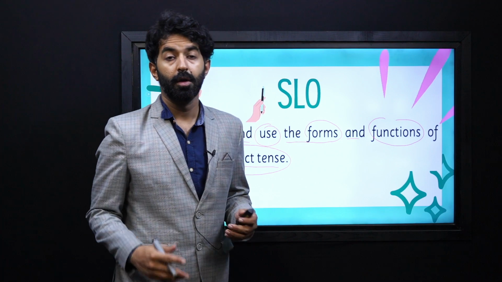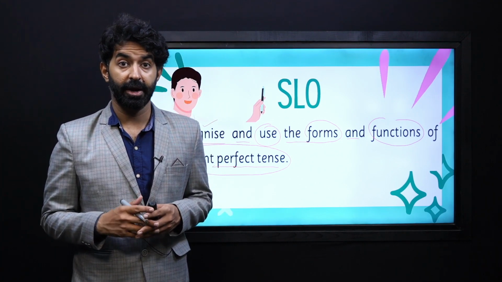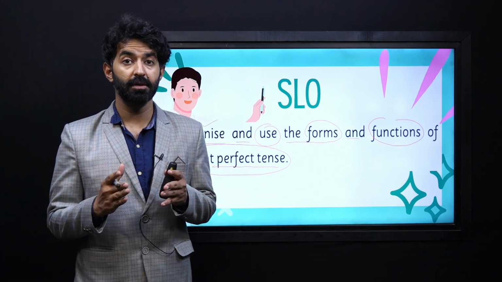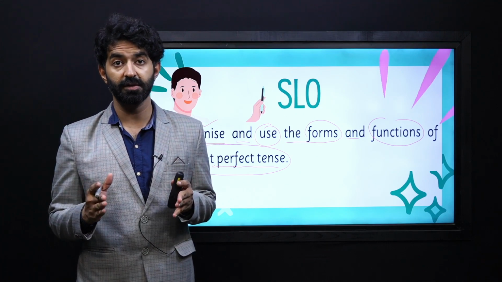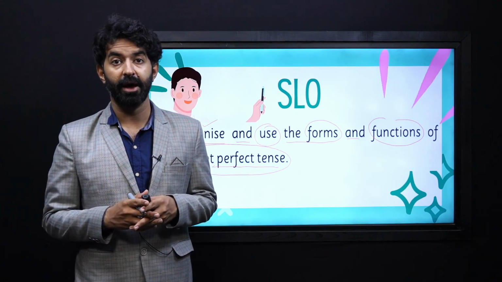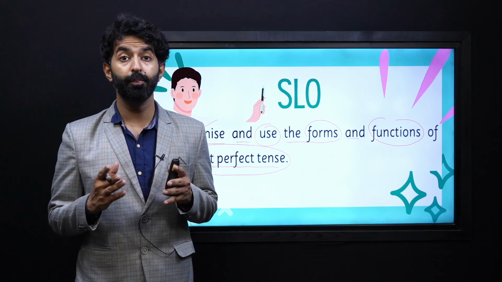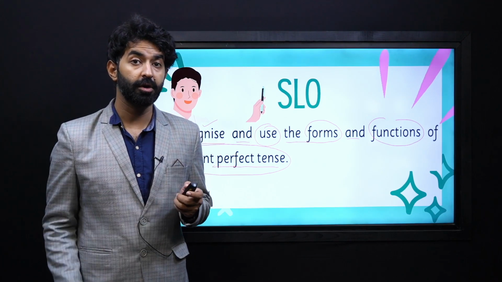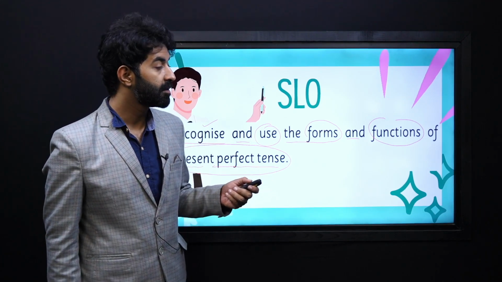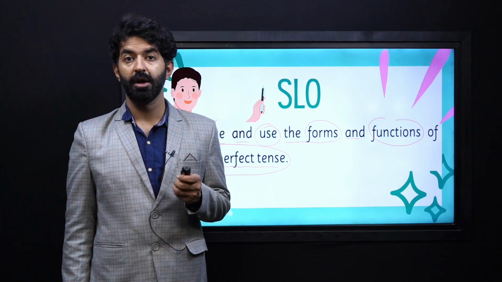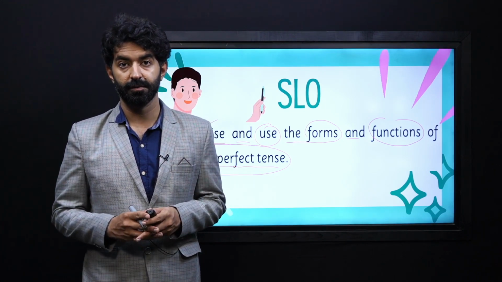Now, we are talking about tenses, specifically present tenses, and in that we have present perfect tense. We are going to see the forms and the function of this tense thoroughly in this video lesson.